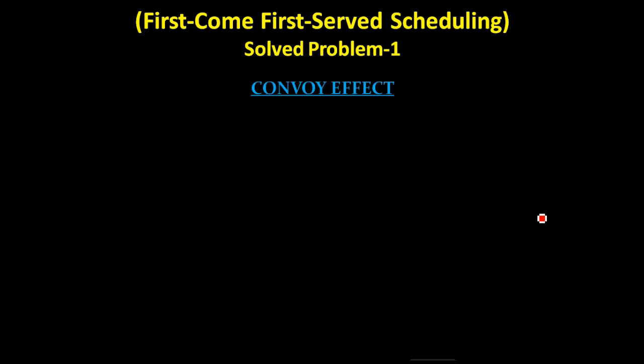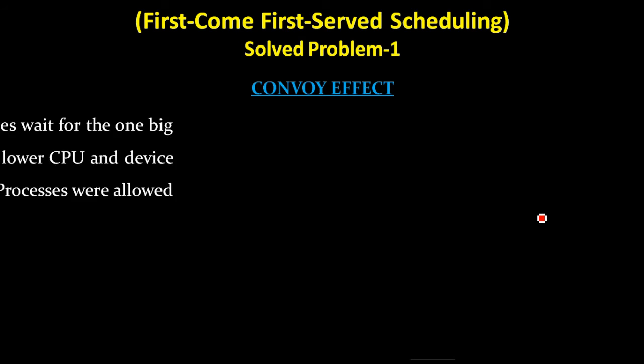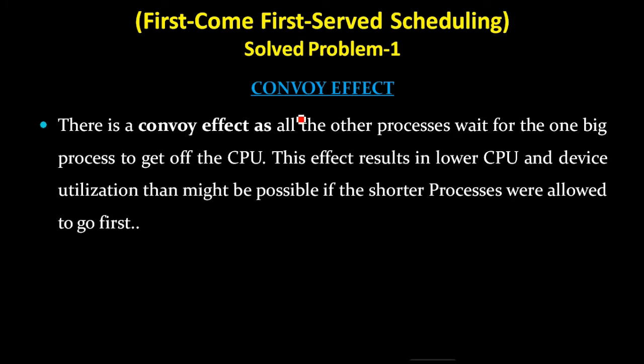So this Convoy effect is nothing but all other processes wait for one big process. What we are saying is that all other processes wait for one big process to get off the CPU, meaning one big process is in the CPU, which is executing, and all others are waiting, because one big process is in the CPU.